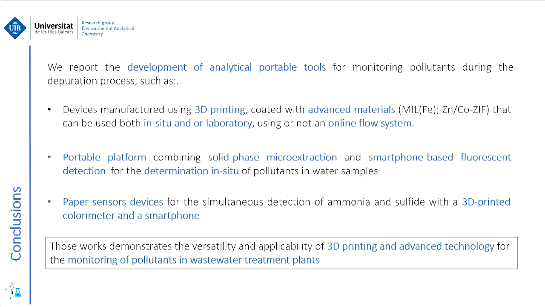We can also use a portable platform combining solid extraction and a smartphone, for example for fluorescence detection in the determination of in-situ pollutants. And we can use paper sensor devices to determine different kinds of inhibitors of biochemical processes, using also a colorimeter or smartphones.